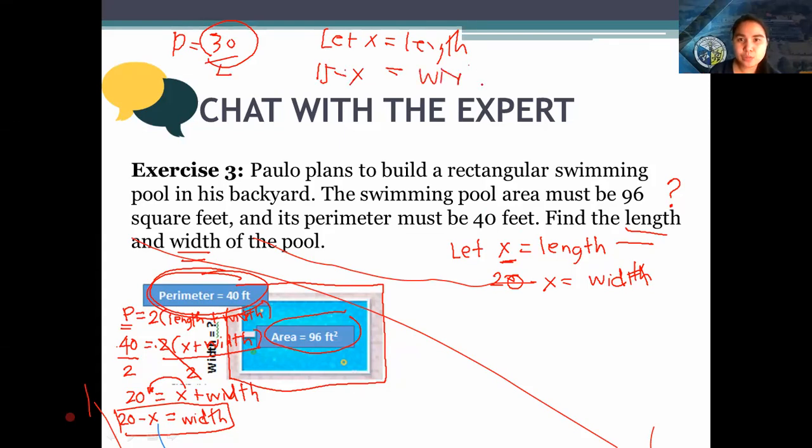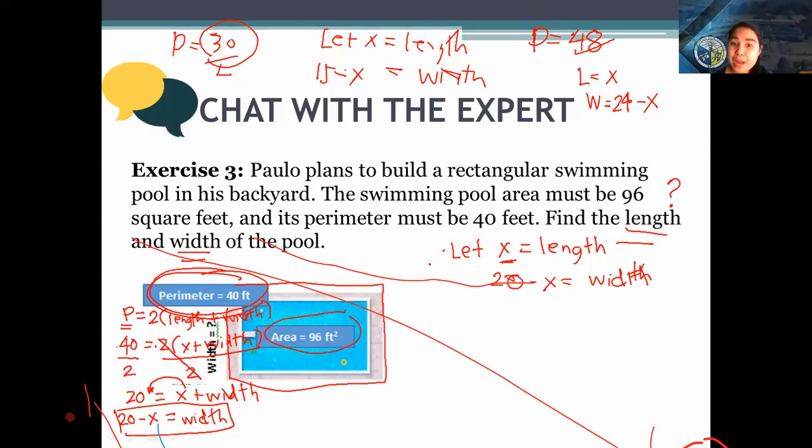That is the width. Or another. If the perimeter is 48, if the length is x, then my width will be, divide this by 2, 24 minus x. That's the technique. If you want me to solve the logical procedure, you go back here. You will come up with the same answer.